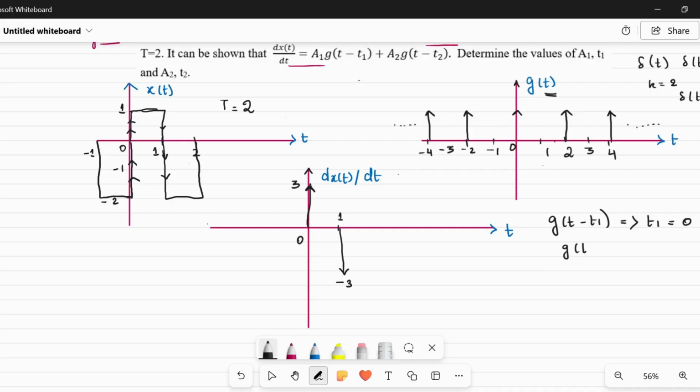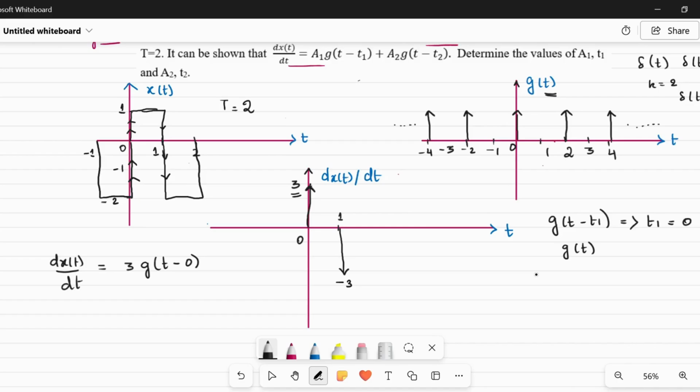That gives us g of t at the origin, and the strength of the impulse will be 3. So for the first function, dx of t divided by dt is equal to 3 into g of t minus 0.